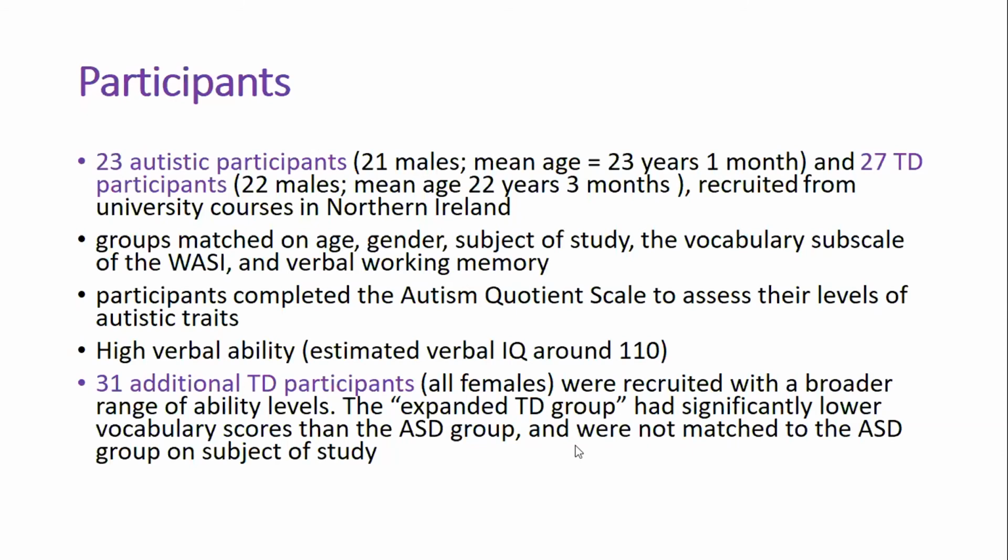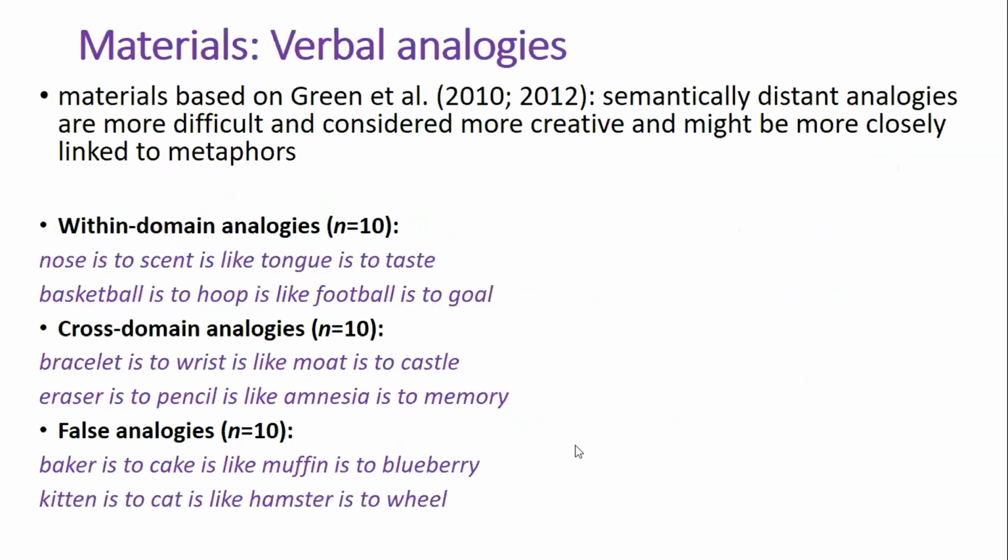So it was a more representative sample of the typical university population. They were still high ability, but a much broader range, not just people with an IQ above 110. And they were not matched to the autistic group on subject of study, so they were from a more diverse general university background.